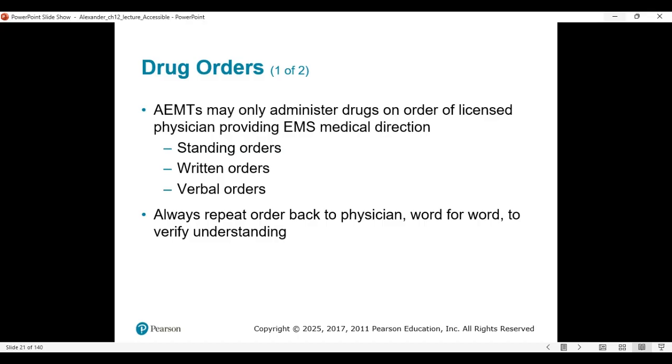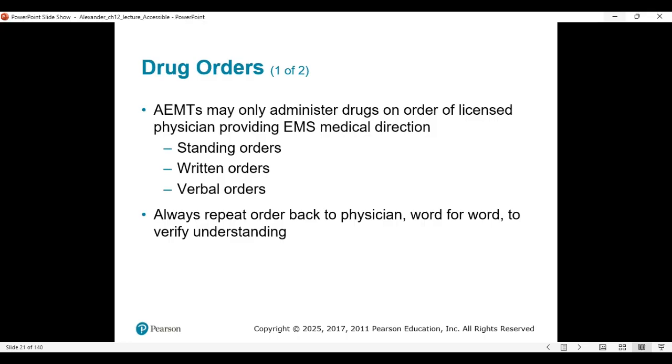Written orders. Your book goes into explaining that this is more of the ALS or the advanced EMTs working in like an ER. But what they don't say in the book too much is, like, when we take IFTs or interfacility transfers, sometimes we get a written order for certain medications, especially like pain meds, and they'll be written out. Or you can have verbal orders. These are the ones when we call medical control on either the radio or the phone, and they give us orders for medication.